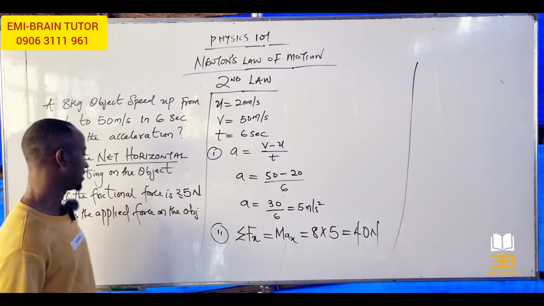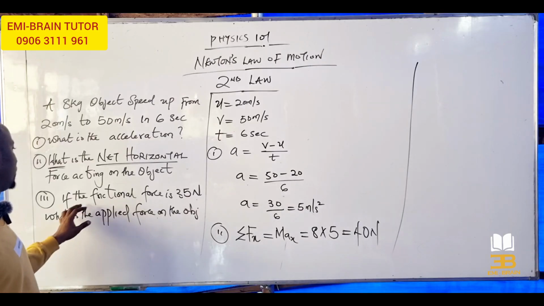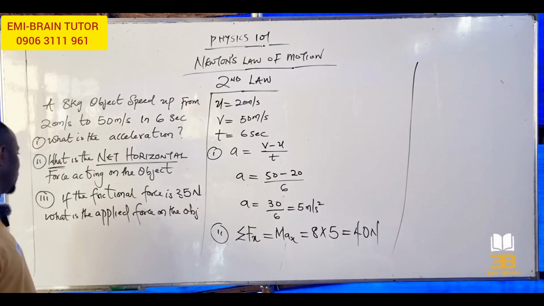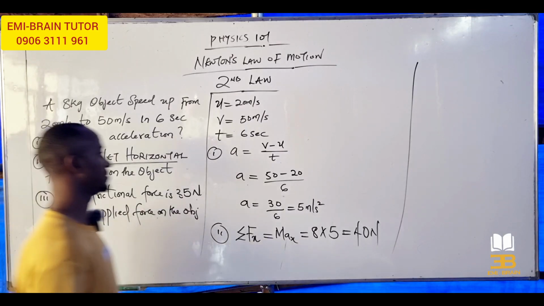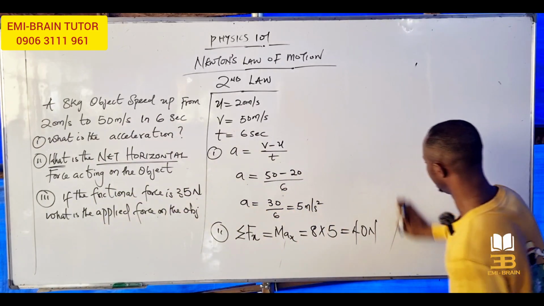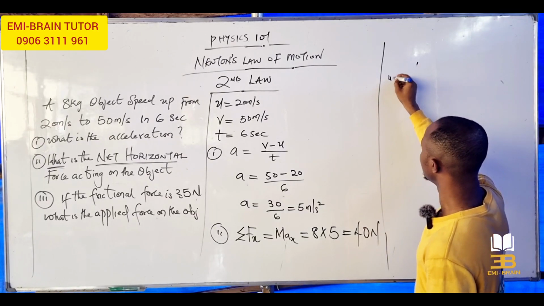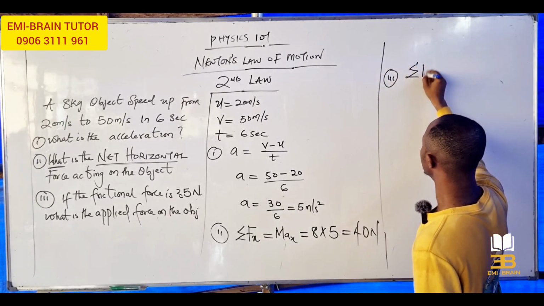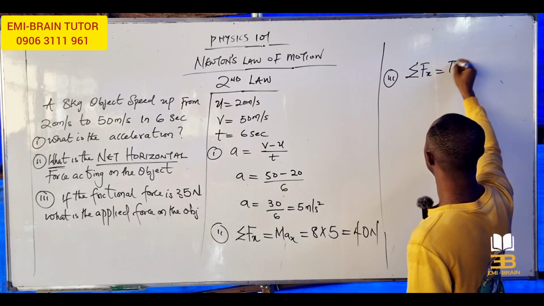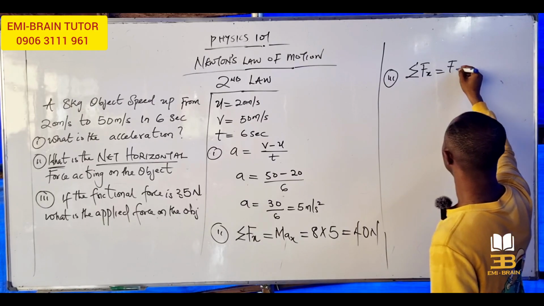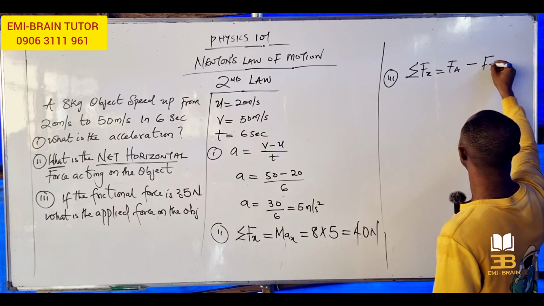Number 3 says, if the frictional force is 35 Newton, what is the applied force on the body? In this case we are not going to draw a diagram to illustrate this. Just recall that the sum of all forces is equal to the applied force minus the frictional force.